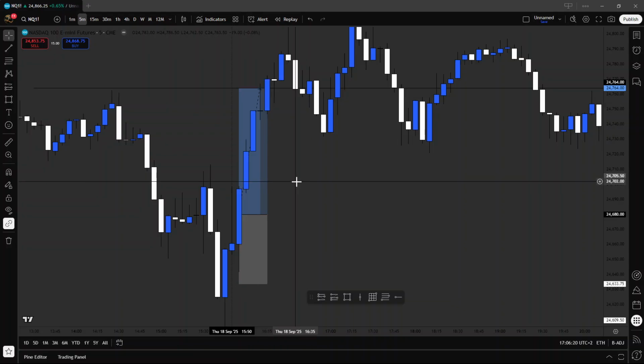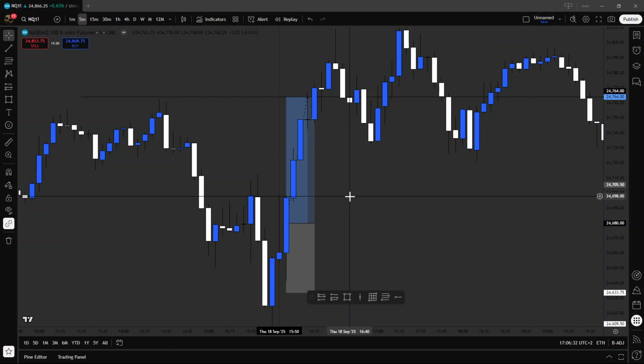No, you first need to pair it with some other confluences, so it makes sense, and you don't enter out of every single fair value gap, because every single fair value gap is not gonna work. Okay, you need to have it with other things so it makes sense.